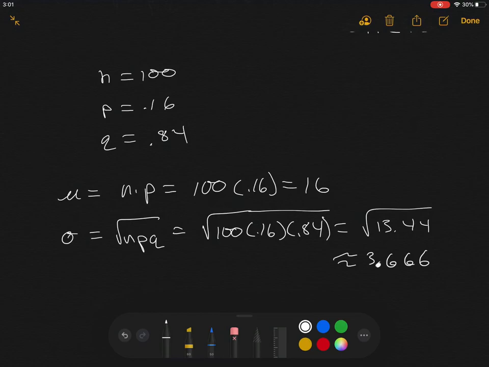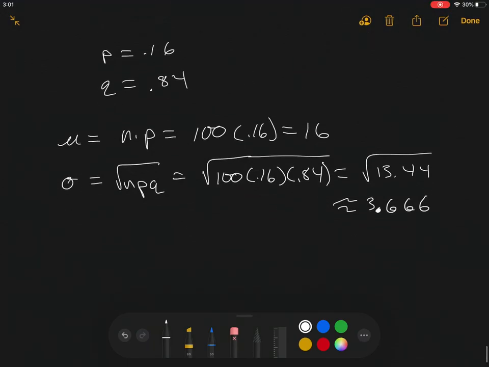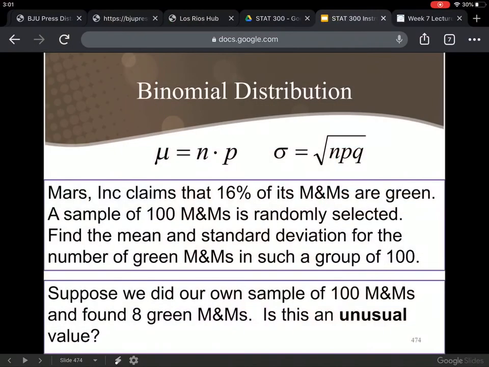So the number of green M&Ms could deviate by 3.66, or approximately 4, above the mean or below the mean. That's it for part A, or for the first part.